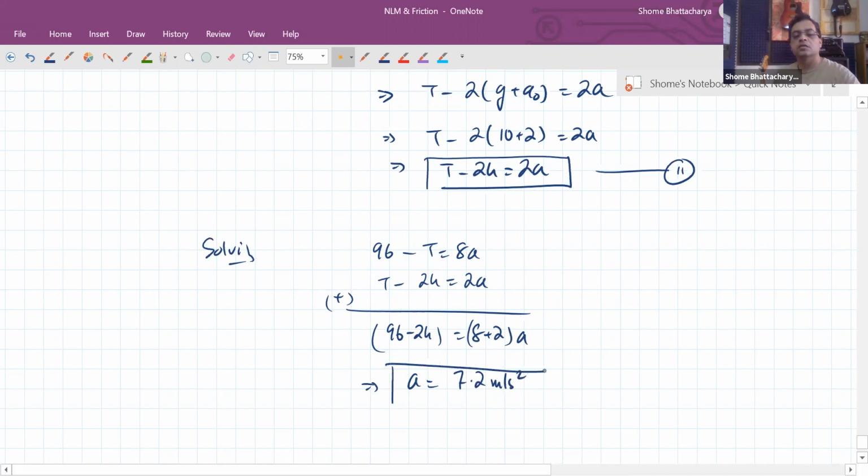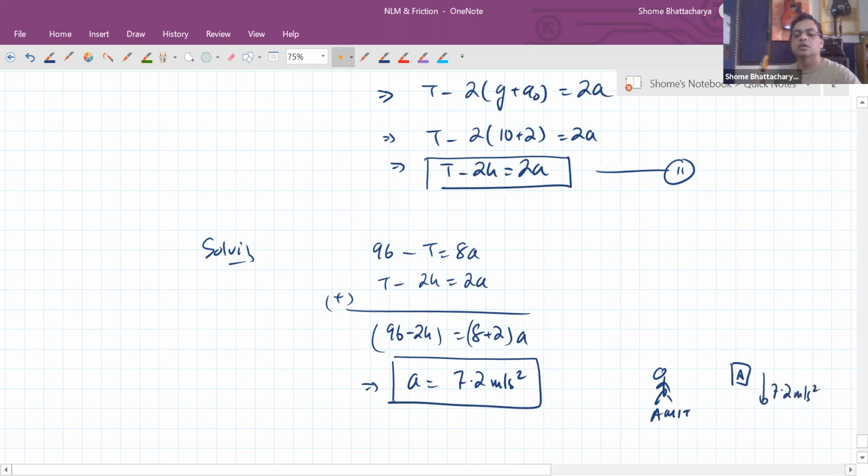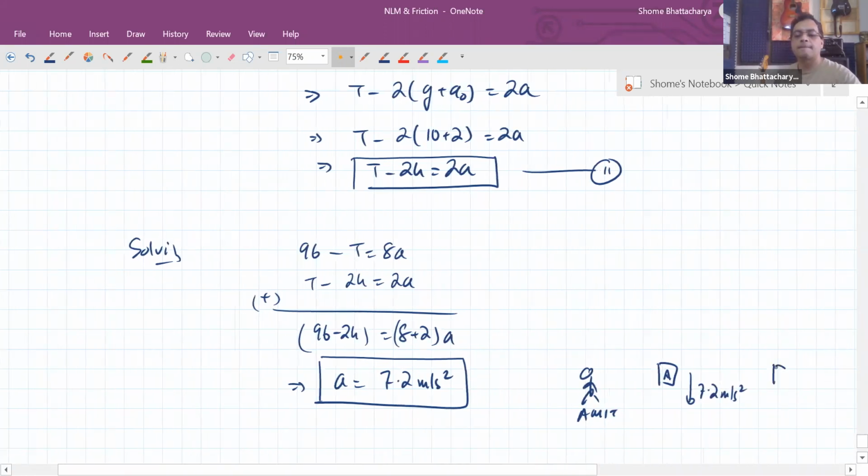Okay. So therefore, now we can say that in this guy's frame, what Amit is seeing is that the block A is coming down at 7.2 meters per second square, and the block B is going up at 7.2 meters per second square. But that's with respect to Amit. Okay.